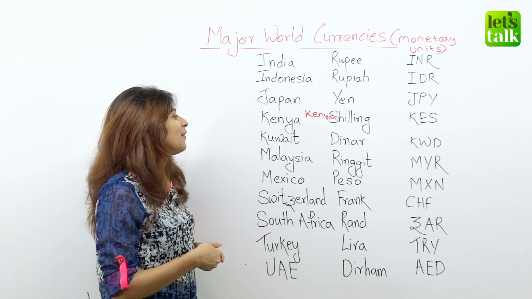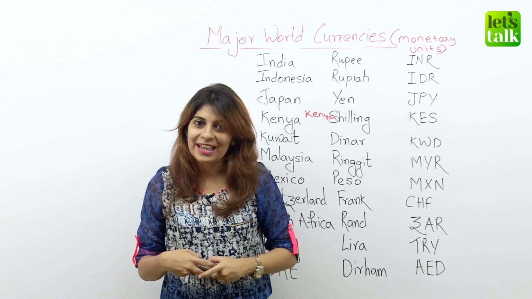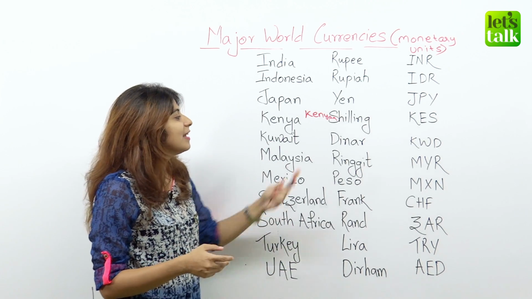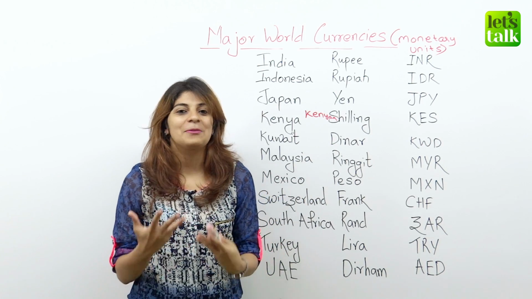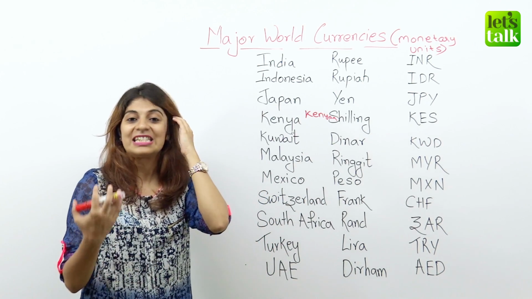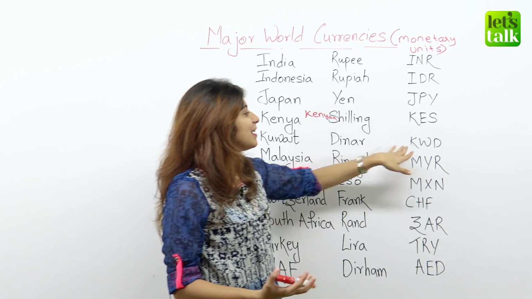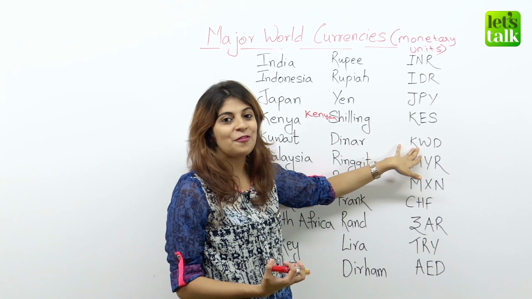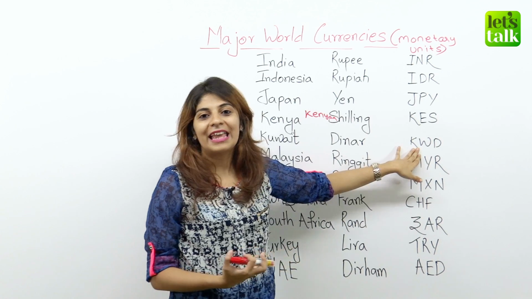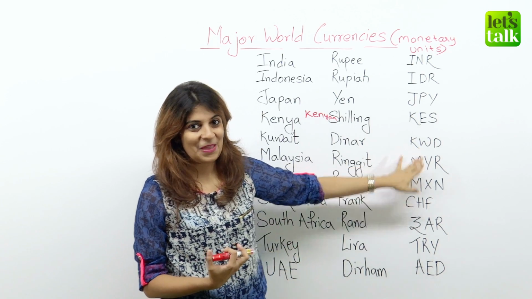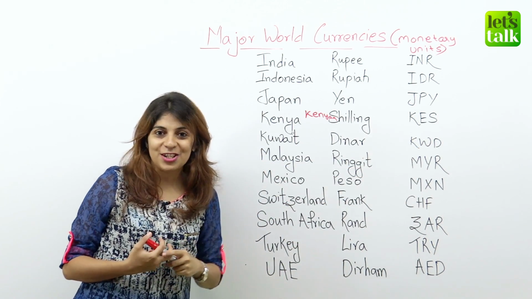Let's move on to another country, which is Kuwait. Well, in Kuwait, the currency that is used by the people of Kuwait is dinar, and the ISO code for the currency dinar is KWD.